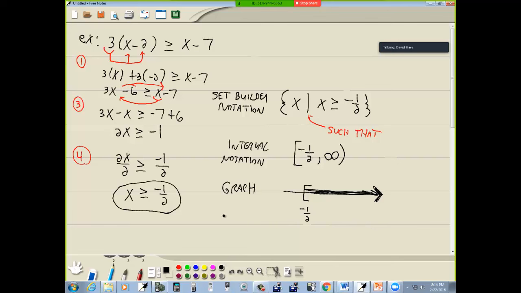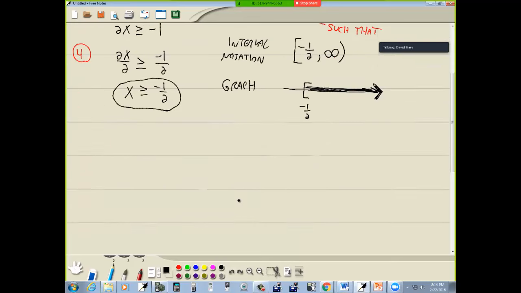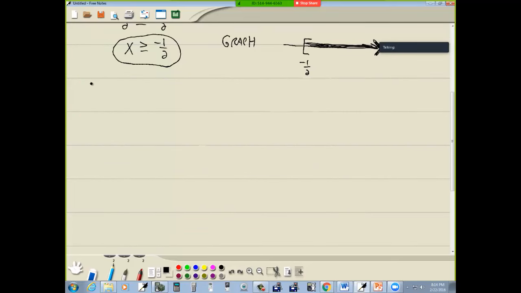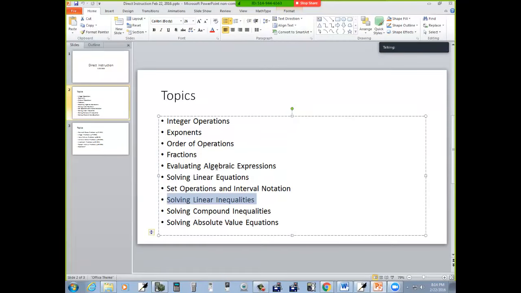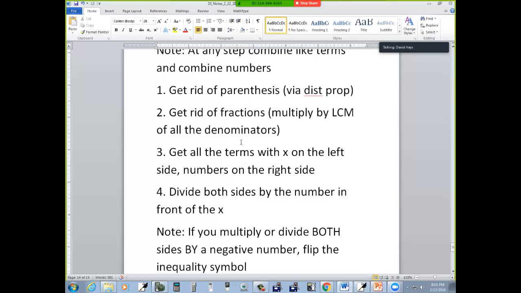Now let me show another example of that. Let's say I got 1/5 x minus 2 is greater than 3x plus 1. And our steps: the first step says get rid of parentheses.